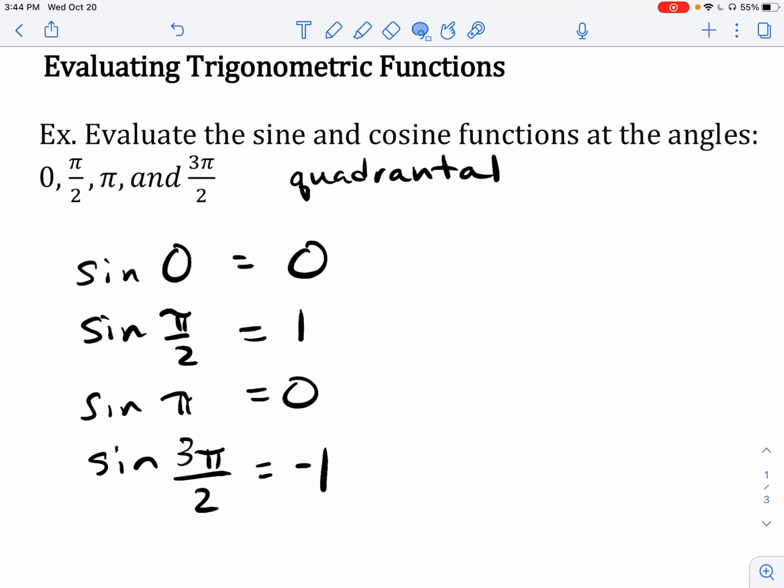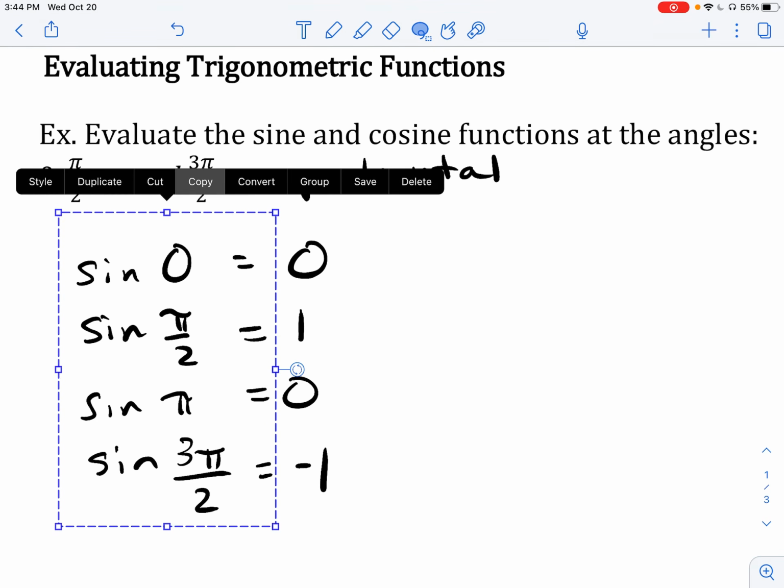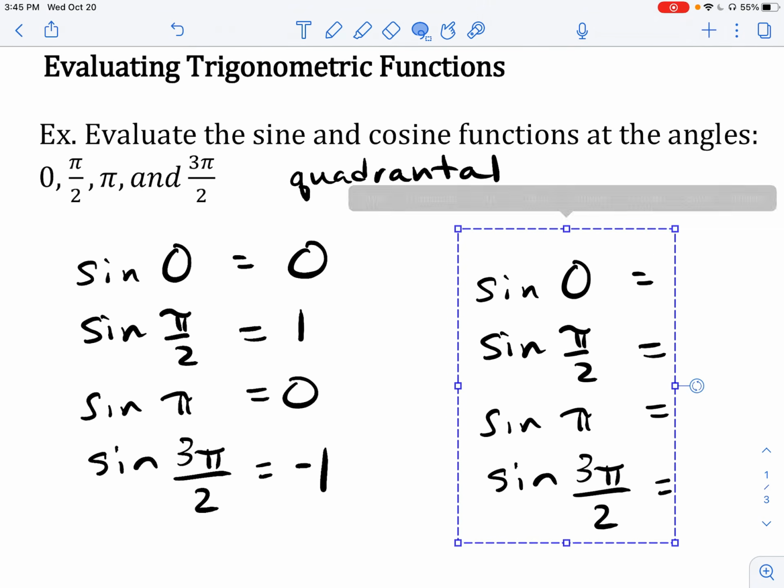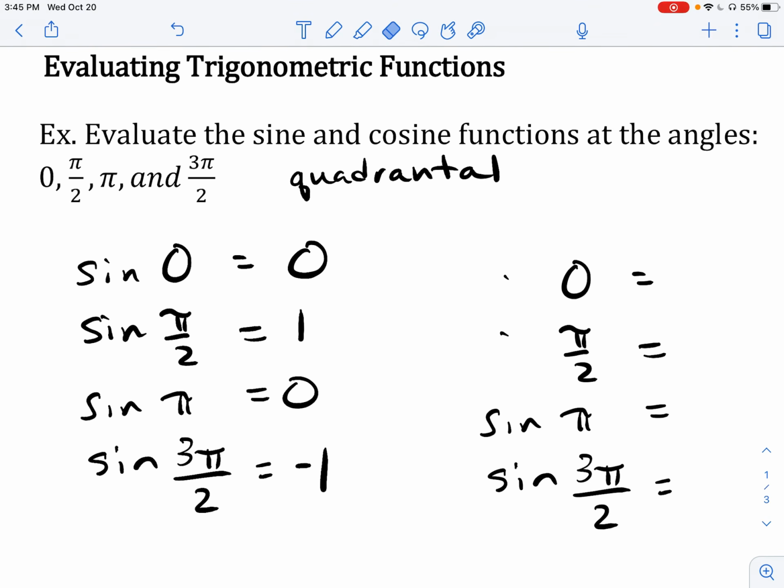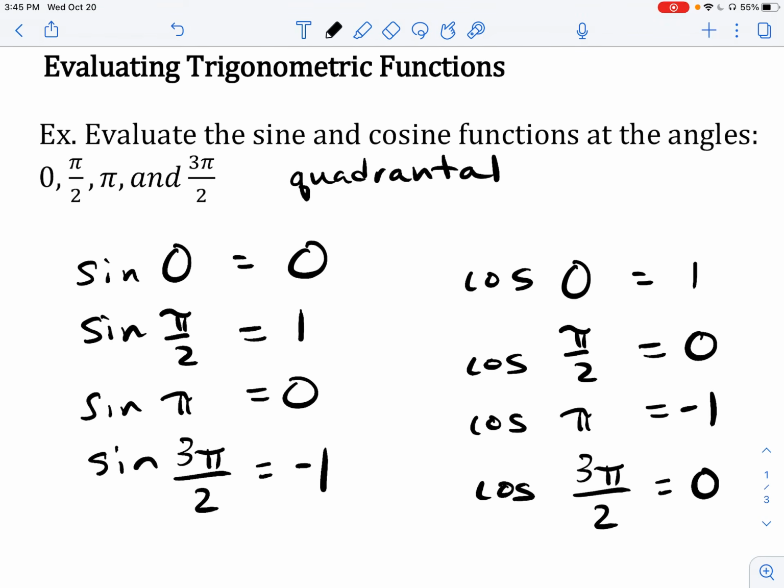Okay? Well, let's take these values and rewrite this with cosine now. Cosine of 0 is equal to 1. Cosine of pi over 2 is 0. Cosine of pi is equal to negative 1. And cosine of 3 pi over 2 is equal to 0. These are just quadrantal angles.